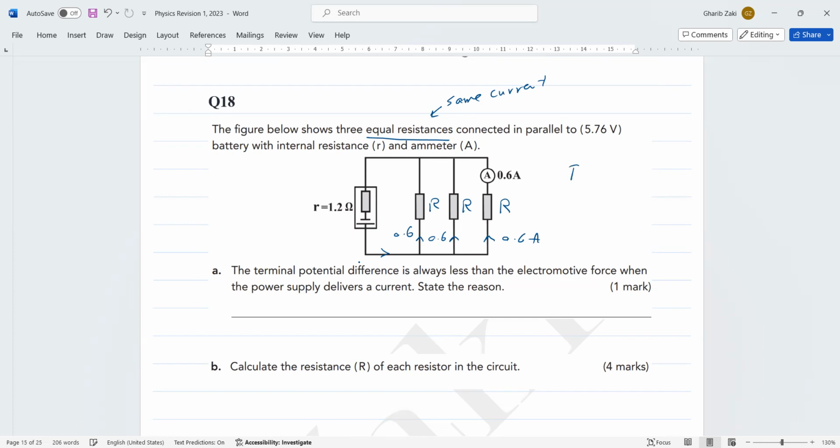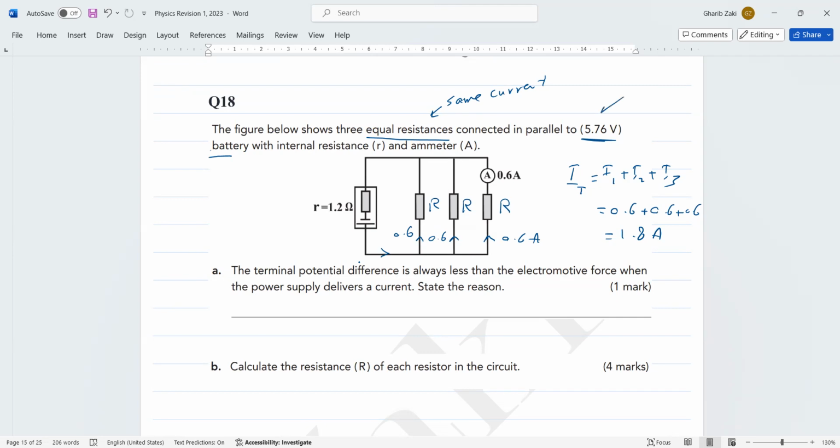Then we can get the total current. So I total from the battery equals I1 plus I2 plus I3, which is 0.6 plus 0.6 plus 0.6. So it's 1.8 ampere. Now, we read the question. It is connected to a 5.76 battery.